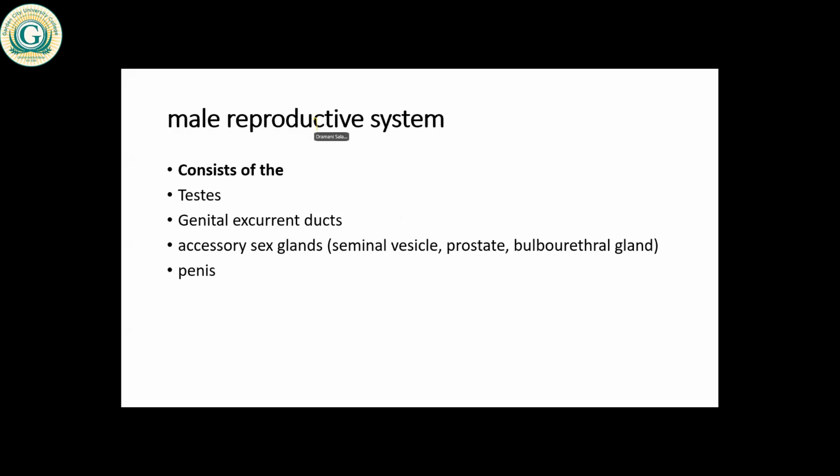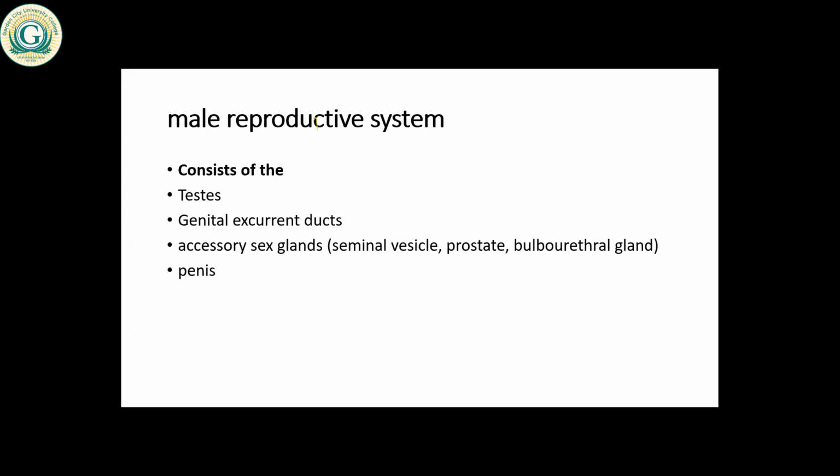Now, this is the part that's usually disabled for others so that people cannot write. The male reproductive system is made up of these parts. The testes being one of the main aspects. The genital ducts or excurrent ducts. When you talk about the ducts, the spermatic cord, the ejaculatory duct, those aspects we call the genital ducts.